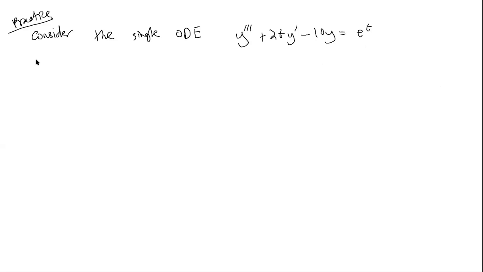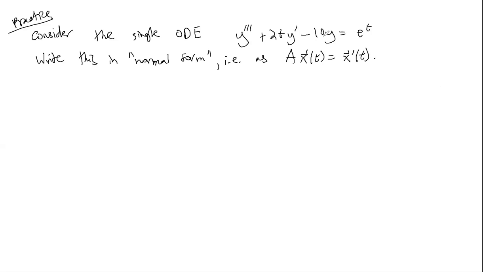And we want to write this in normal form, by which I mean as AX equals X prime. So we're going to write this single third order equation into 3 different first order equations as a system of ODEs. So it's going to be a 3 by 3 matrix.